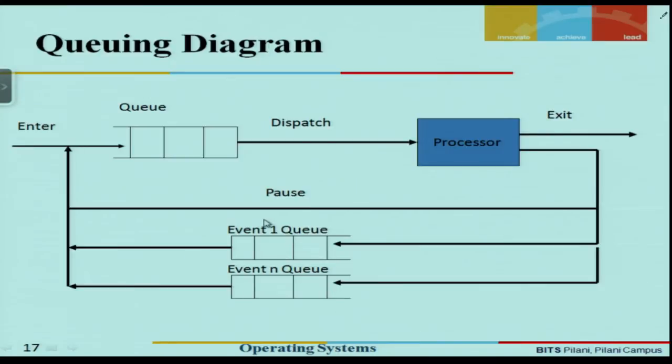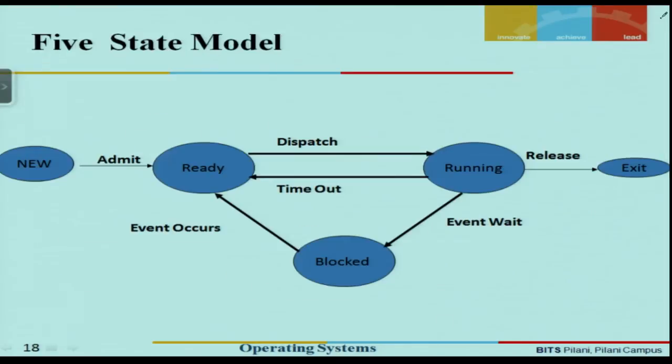Here we may have n queues, Q1, Q2, up to Qn, where each queue is for a different event, or in other terms, meant for a different IO device.